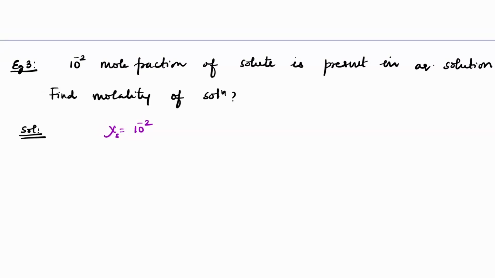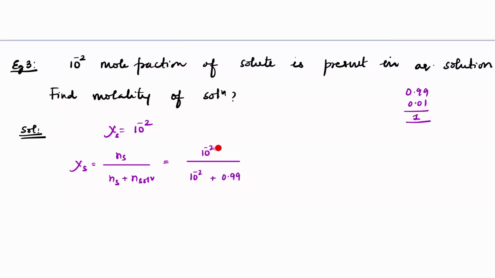Now go with the formula: number of moles of solute upon number of moles of solute plus number of moles of solvent, which is equal to 10 raised to power of minus 2 by 1. So it can be written as 10 raised to power of minus 2 plus 0.99, isn't it? Because 0.99 plus 0.01 makes it 1, correct?